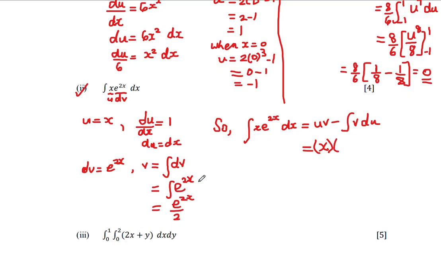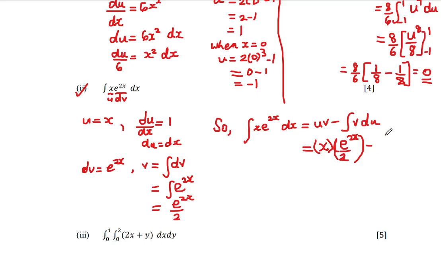And v was derived as e to the 2x upon 2. That is the result that we found here from integrating dv. So that's e to the 2x over 2.